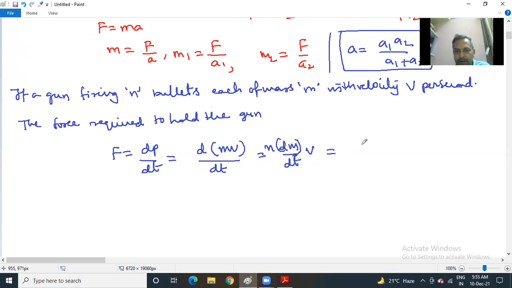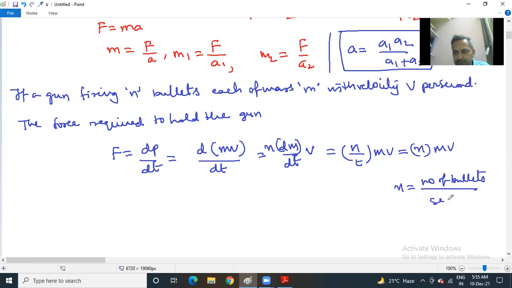While doing numerical, we directly write this as n by t with m into v. Even you can further simplify this, n by t itself can be written as n, which indicates the number of bullets per second. So this they mention in words. So there will also be numerical on this step.